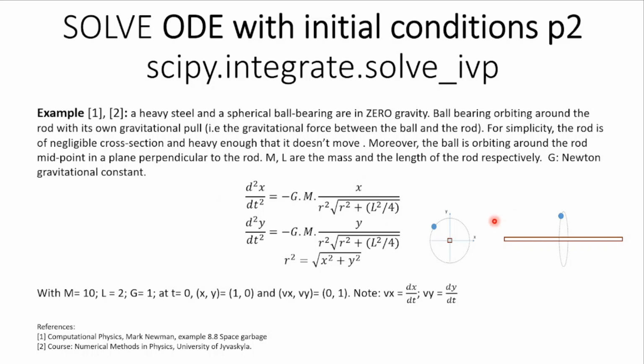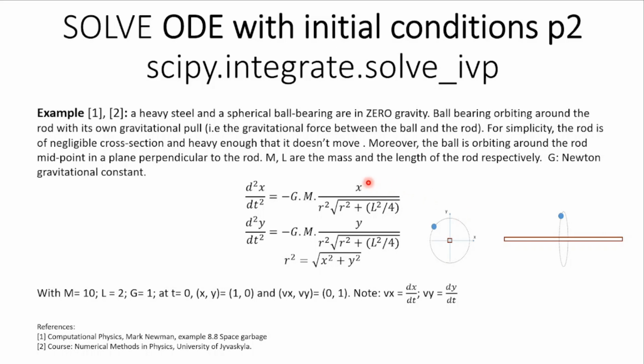Our problem is that we have this ball. It orbits in the plane perpendicular to this steel rod, and our duty is to solve what it looks like when the ball moves in this plane. The x represents the x coordinate of the ball moving in this plane perpendicular to the rod at the center, and y is the y coordinate.